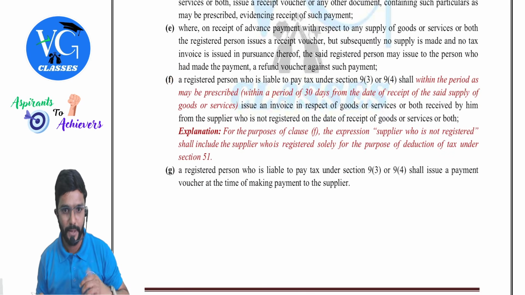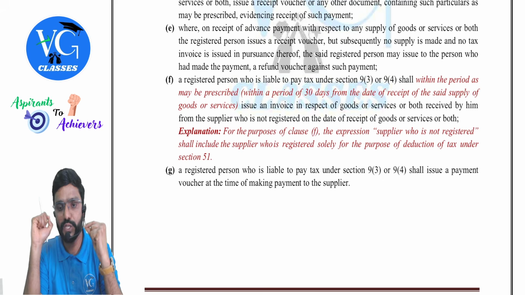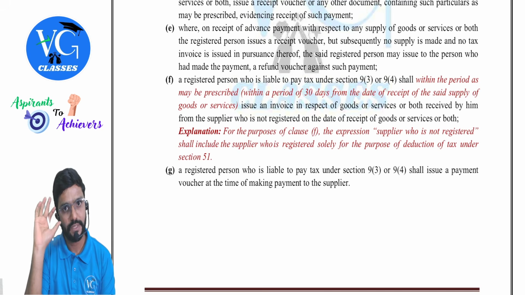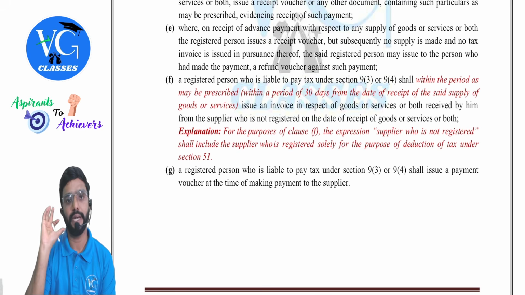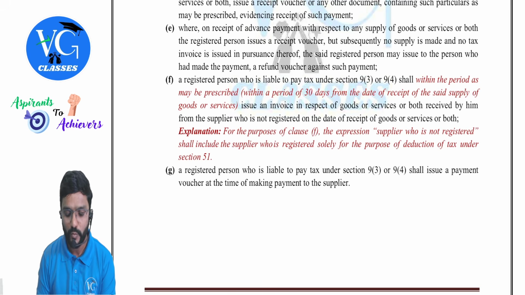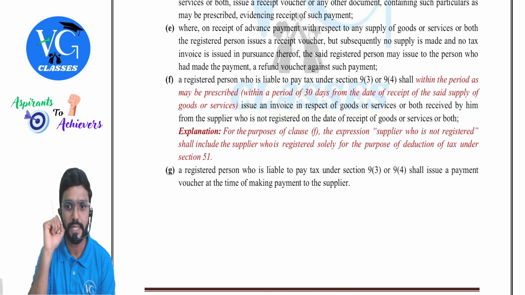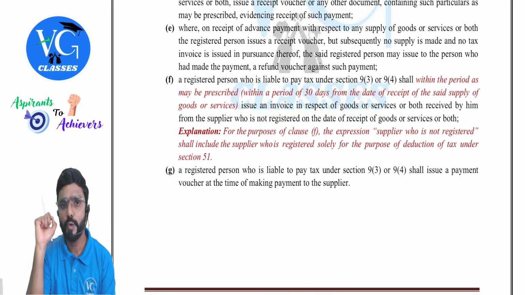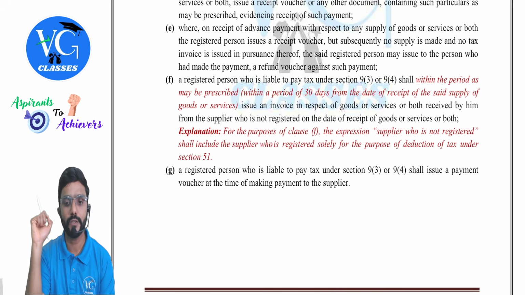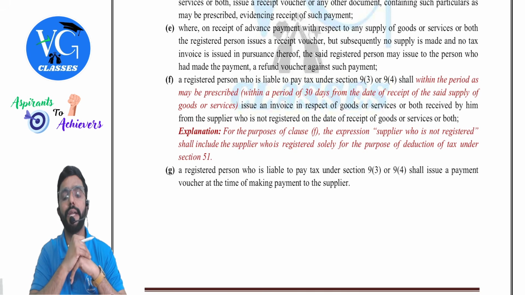What was it, sir? A registered person who is liable to pay tax under section 9 subsection 3 or 9(4) shall, within the period as may be prescribed, issue an invoice. And the prescribed time is given in the rule: within a period of 30 days from the date of receipt of the said supply of goods or services, issue an invoice in respect of the goods or services or both received by him from the supplier who is not registered on the date of receipt.